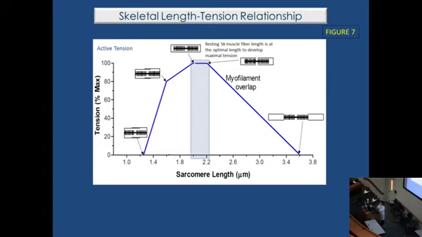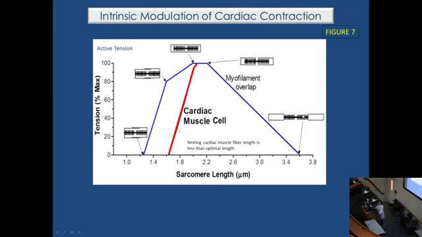So it usually puts the muscle at lengths where it can develop the maximal amount of tension. Now let's see how the curve is for the length-tension relationship for the cardiac muscle cell.